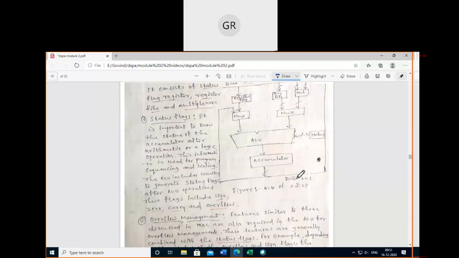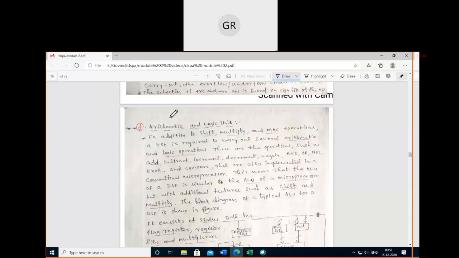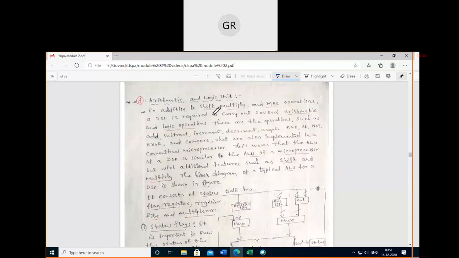Okay, the next building block is the arithmetic and logic unit. In addition to the shift, multiply, and MAC operations, a DSP is required to carry out several arithmetic and logical operations, along with the shift operation by the shifter, multiplication by the multiplier, and MAC operation by the MAC unit.